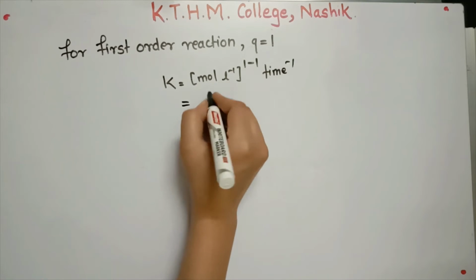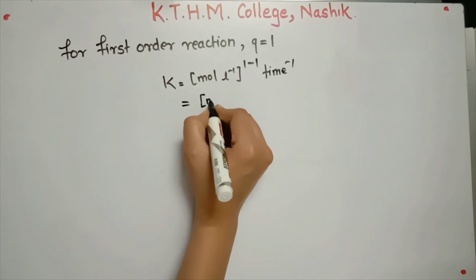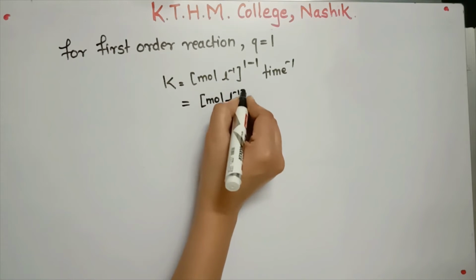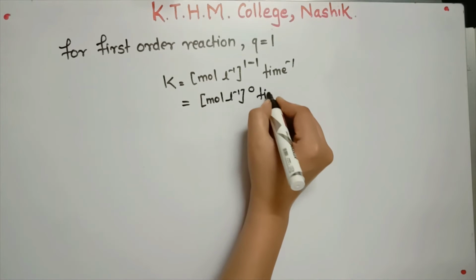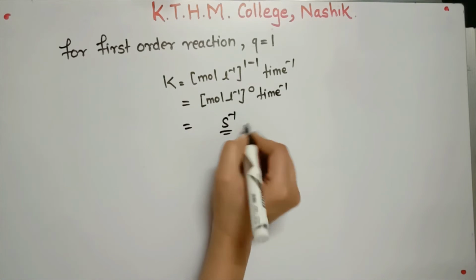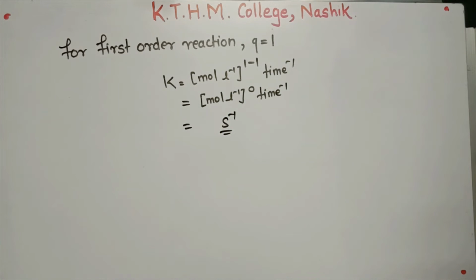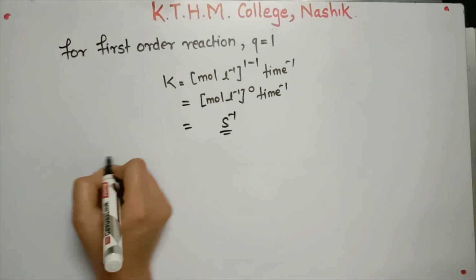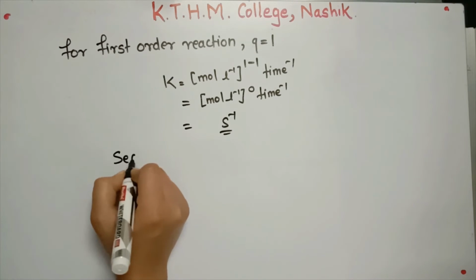Okay, so 1 minus 1 is 0, time inverse, that is per second. Anything raised to 0 is 1. So from this you can derive the unit of rate constant of any order of the reaction. Here we will take the second order.